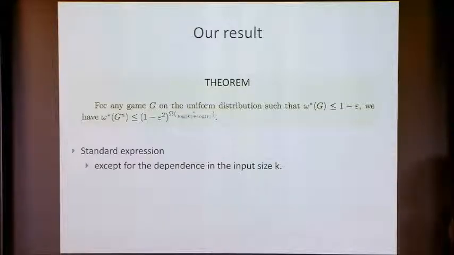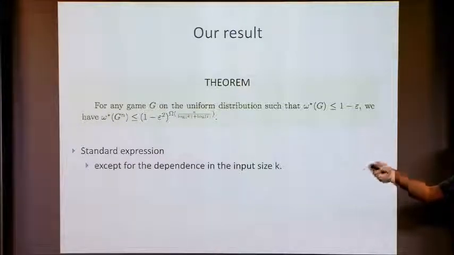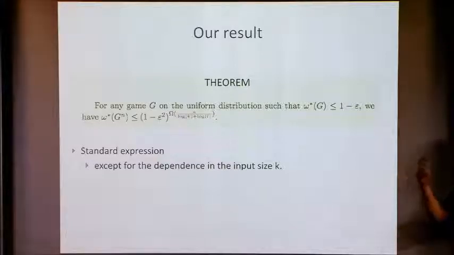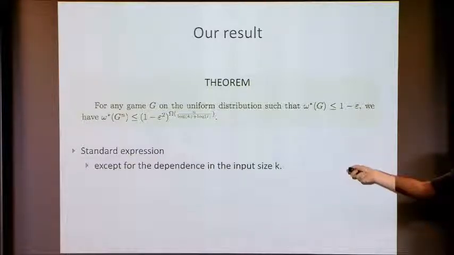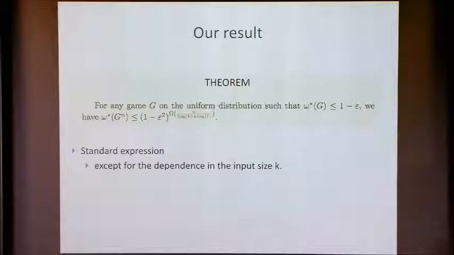Our result is that for any game G on the uniform distribution, meaning that the questions of Alice and Bob are independent and taken from a uniform distribution, if the value of one repetition of the game is 1 minus epsilon, then the value of the n-fold parallel repetition is bounded above by 1 minus epsilon squared to the power of omega of n divided by some parameters that depend on the size of the game.